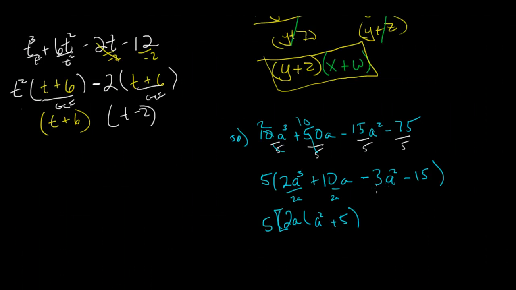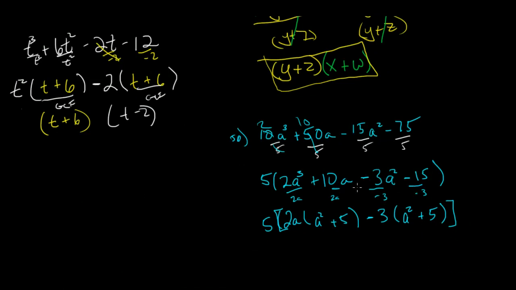Okay, and these two have in common a negative 3. I can divide out a negative 3 from both of them. So if I divide out the negative 3 here, I'm left with a squared plus 5, and that's not arbitrary at all.